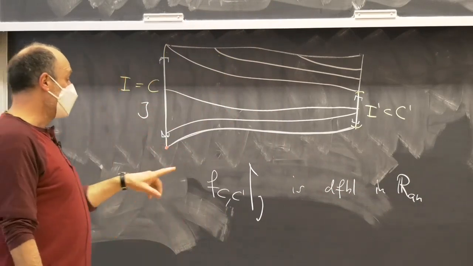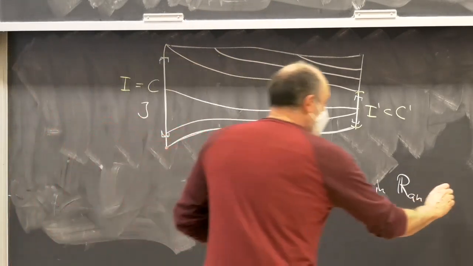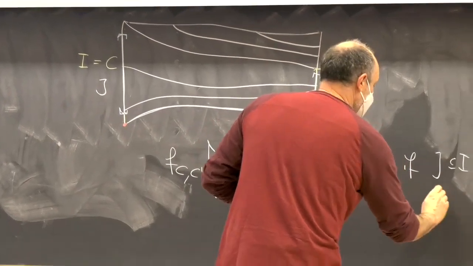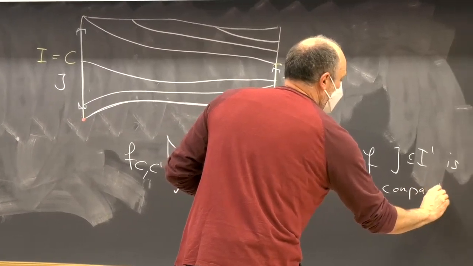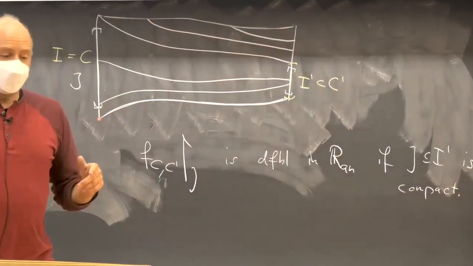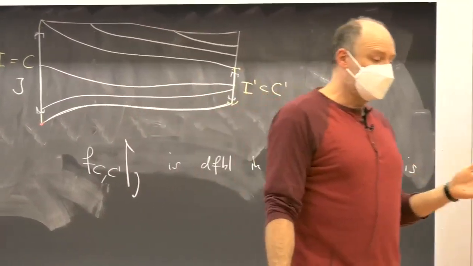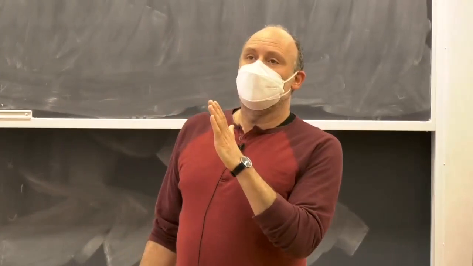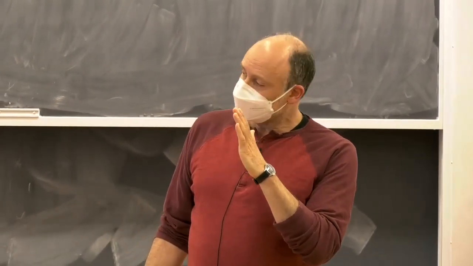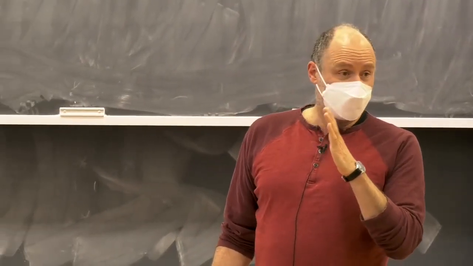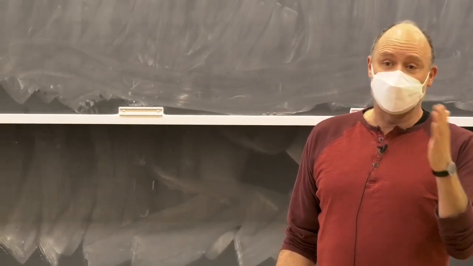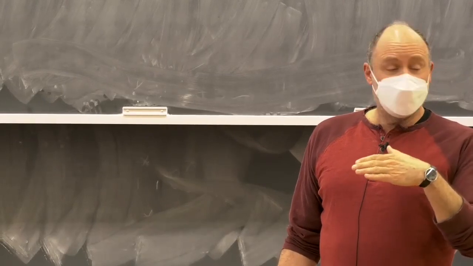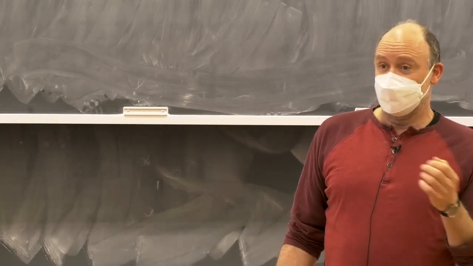So why is this? If J in I prime is compact, that is because of the theorem about ODEs, which says that dependence of solutions to ODEs of a certain smoothness is equally smooth on the parameters.